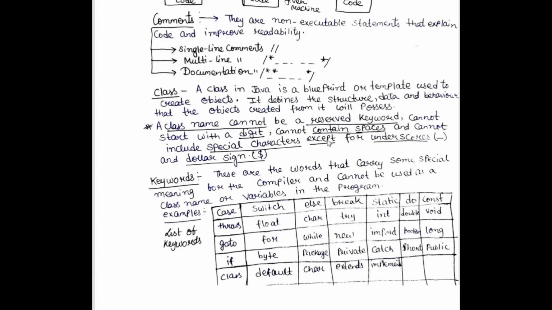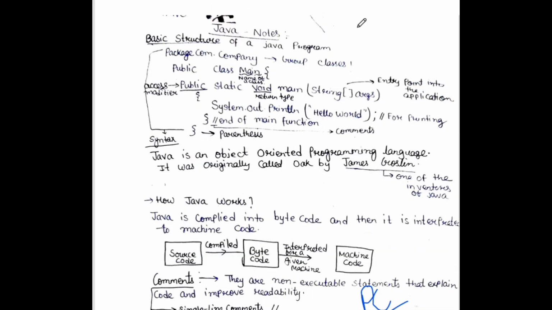Okay. One more thing I have to say is, class का जो naming convention है ना, we use the Pascal convention here. How? Pascal convention means the first word is capital and the second word will be capital too.